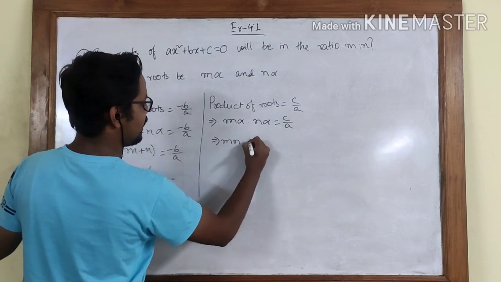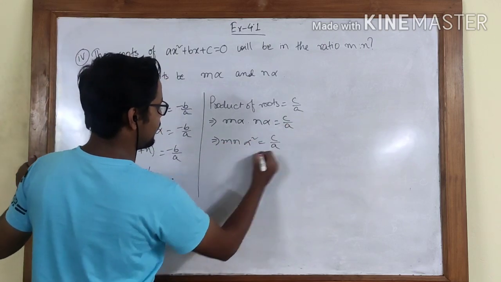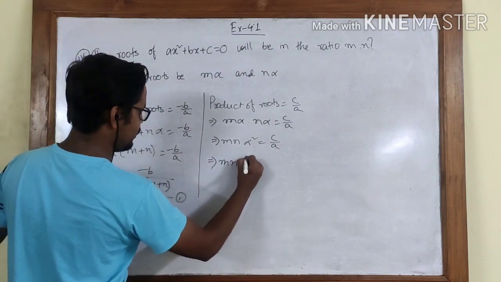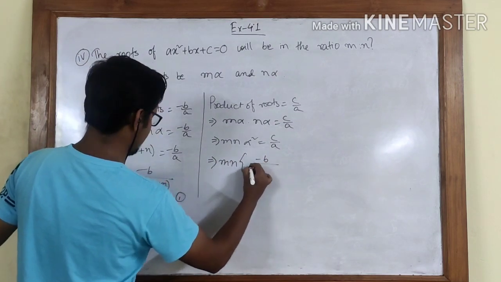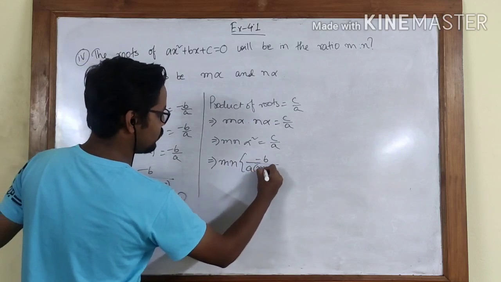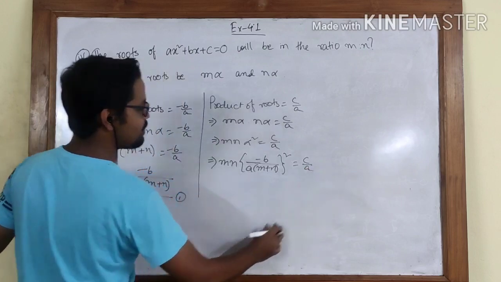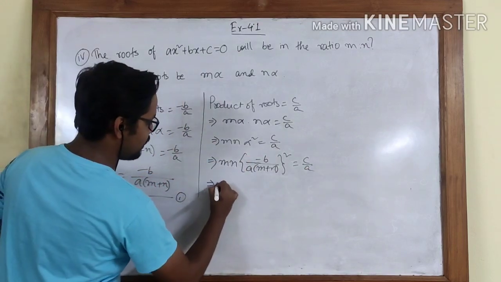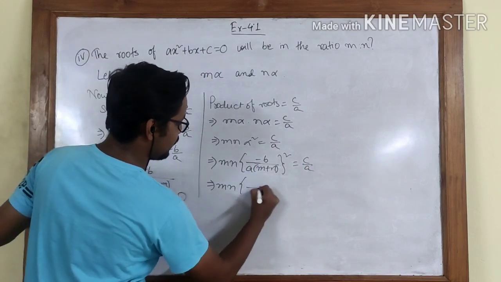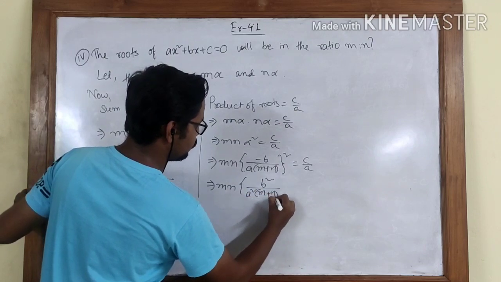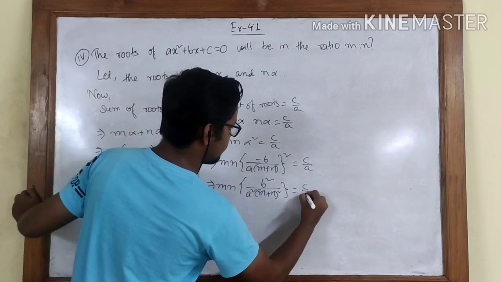So m n alpha squared is equal to c by a. Alpha's value I know from here. So it is m n into (minus b by a into (m plus n)) whole square is equal to c by a. Now we have mn, and here I have b squared by a squared (m plus n) whole square is equal to c by a.